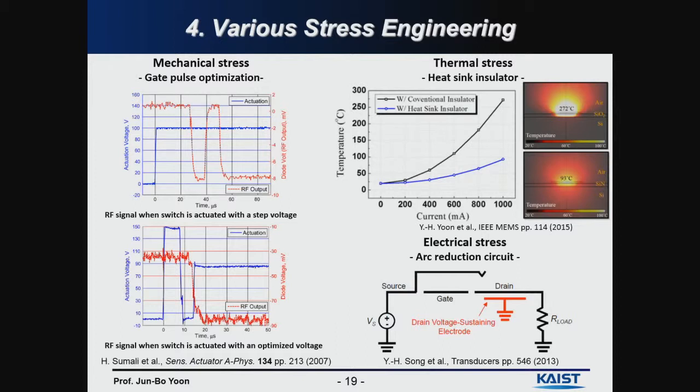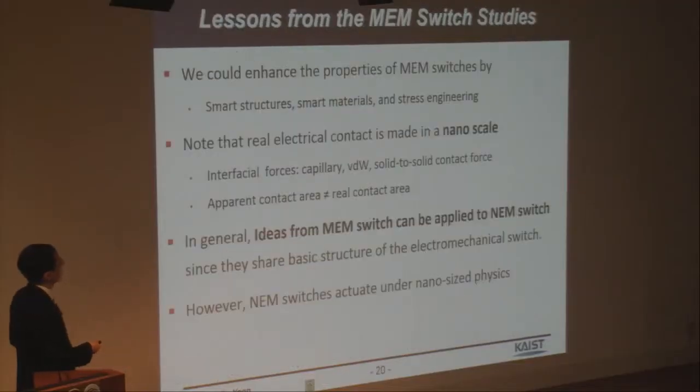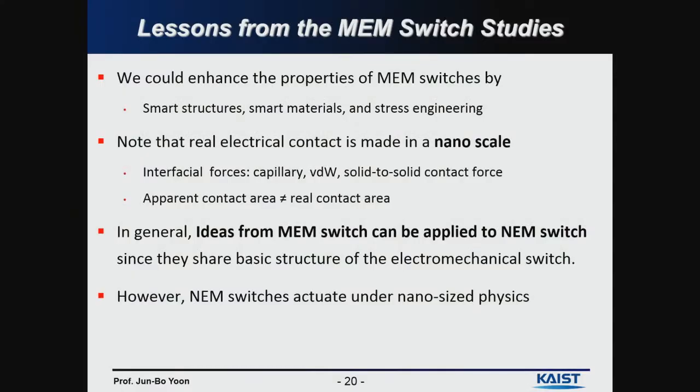However, if we change it to silicon nitride, which has 30 times higher thermal conductivity, then we can reduce the contact temperature so that we can prolong the lifetime of the switch. Or we can use a drain capacitance to prevent any arc that comes from the voltage difference between the source and the drain electrodes. So these are all the methods to address the high actuation voltage and the poor lifetime of the MEM switch.